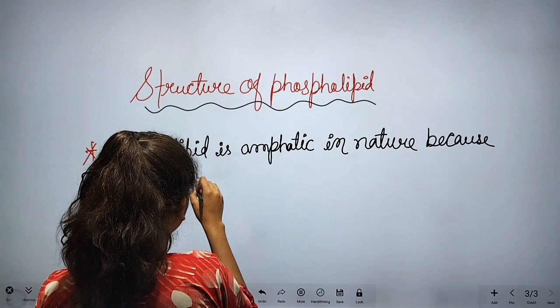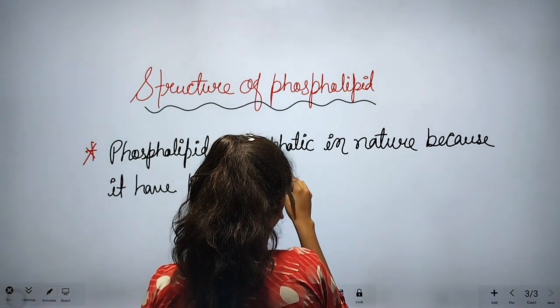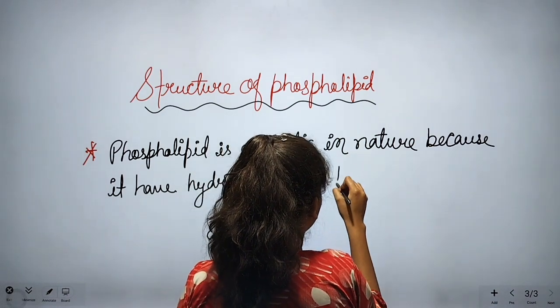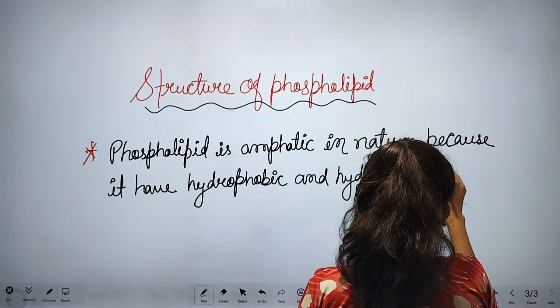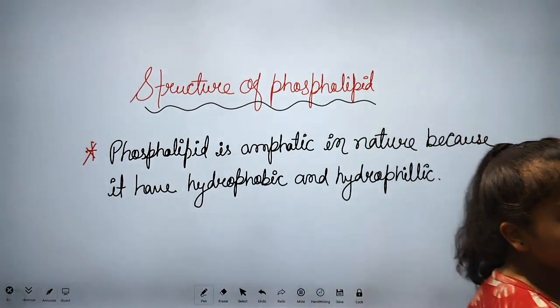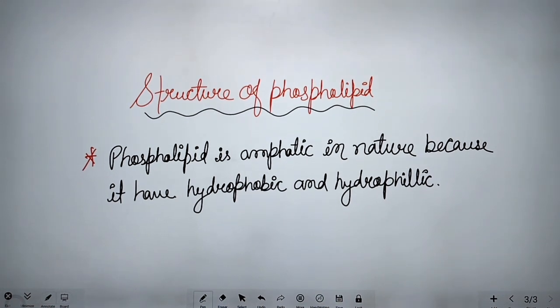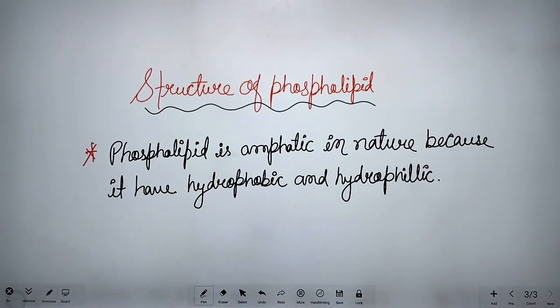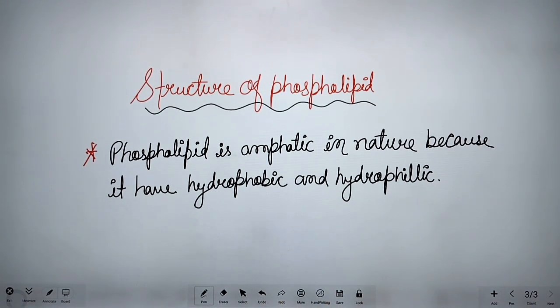Hydrophobic and hydro what? Philic. Okay. It is amphipathic in nature because it has both hydrophobic and hydrophilic parts. Okay. So let's see the structure of phospholipid.